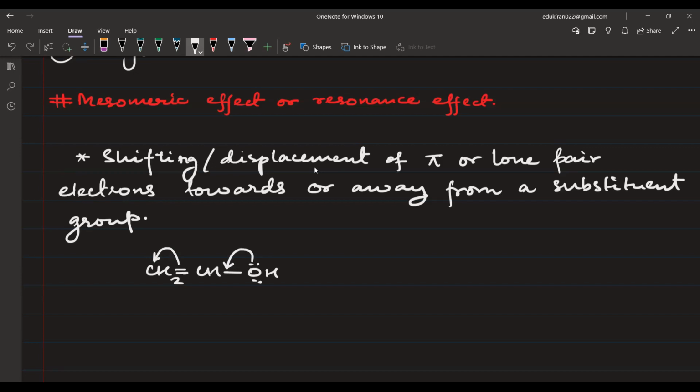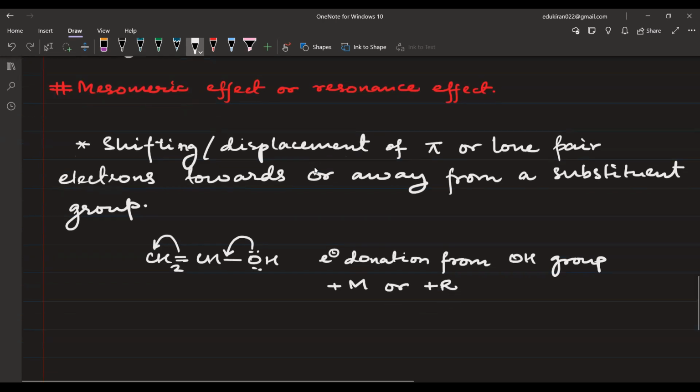So this is electron donation from the OH group. And if there is electron donation towards the alkyl chain or the carbon chain, then it is known as plus M effect or plus R effect.